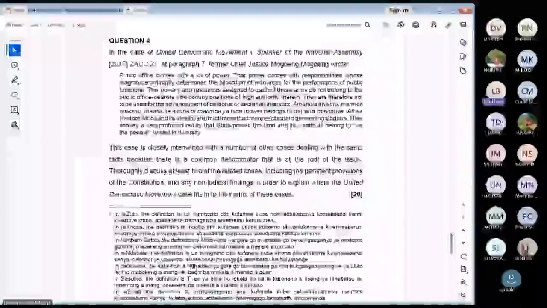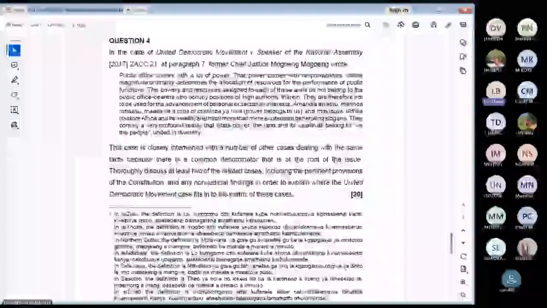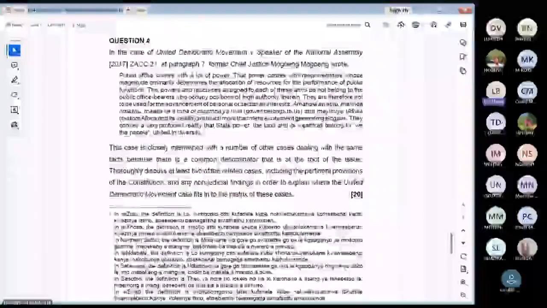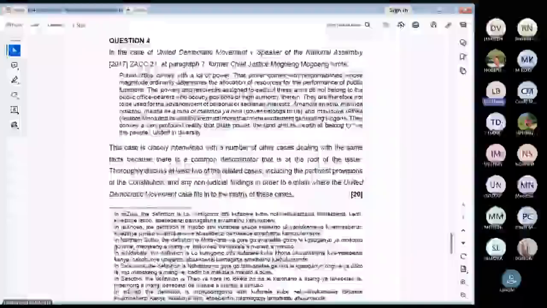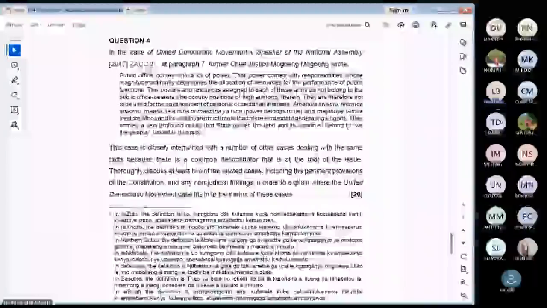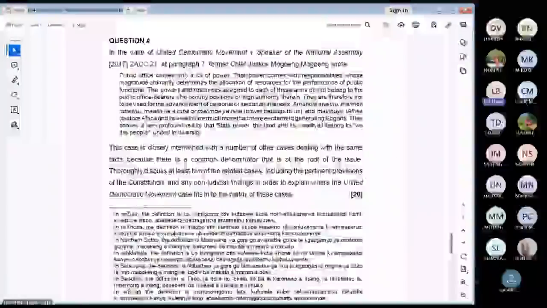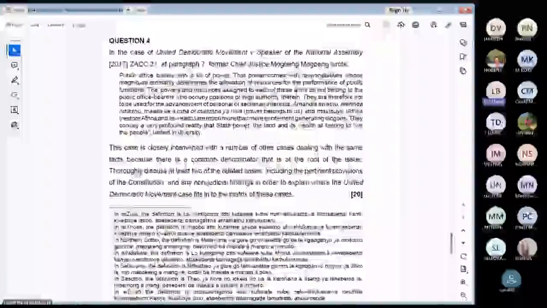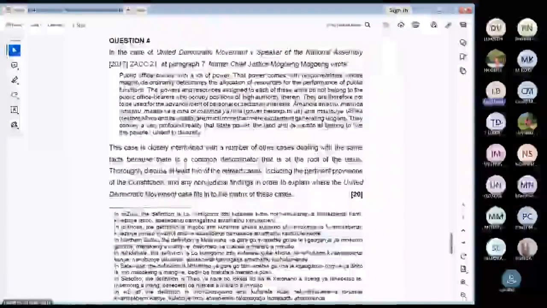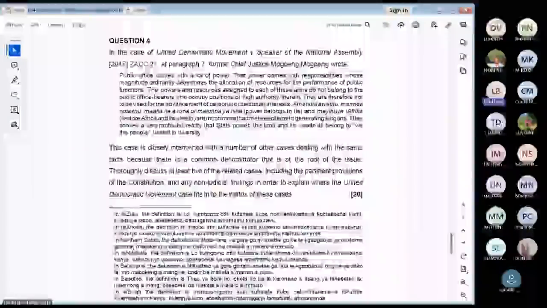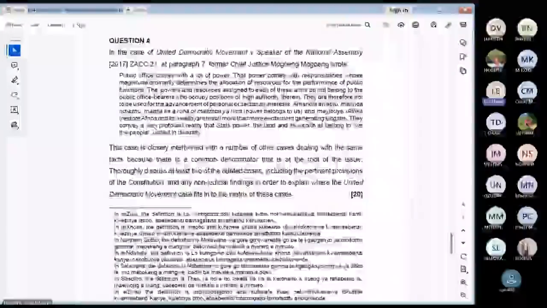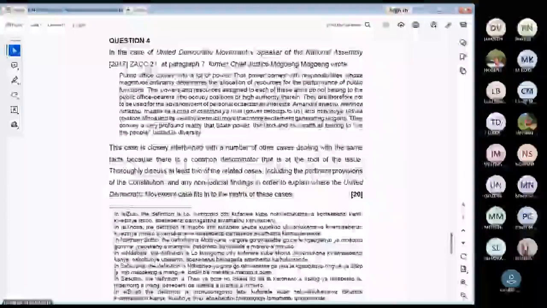And even after the motion for his removal was tabled in terms of section 89 of the constitution, which makes provision for impeachment, the National Assembly still failed to follow procedure and to establish mechanisms to hold him, the executive, accountable.